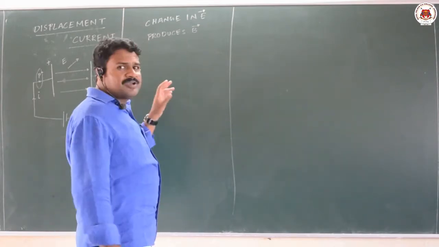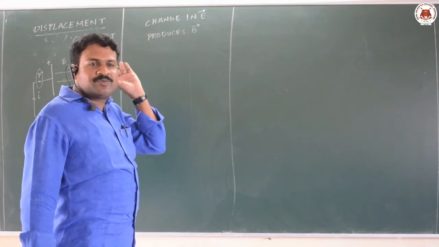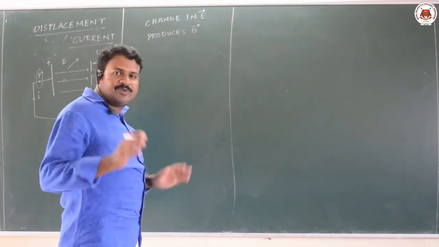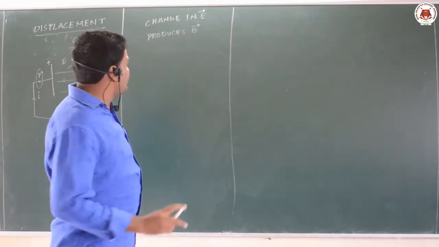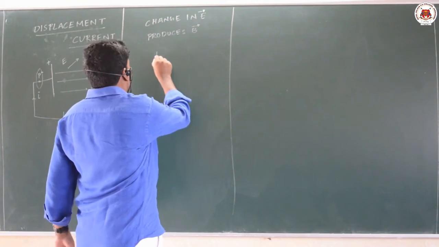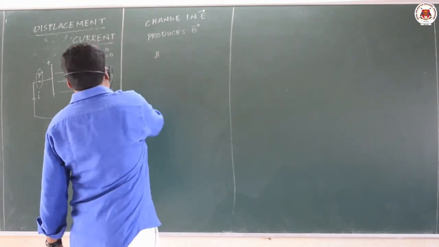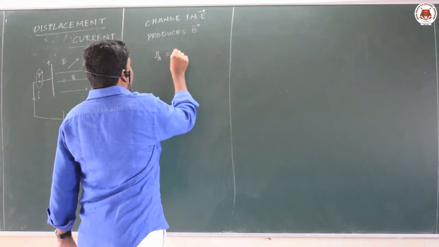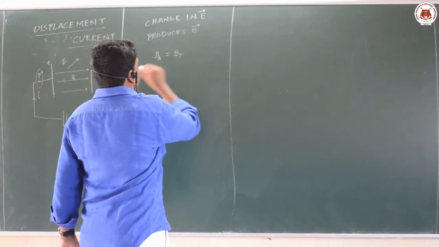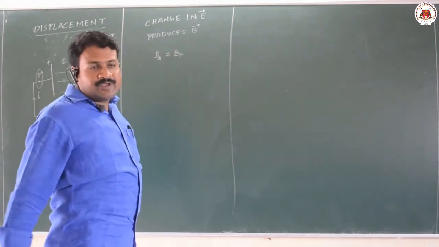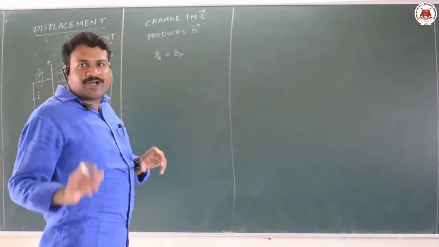They said that current only should produce a magnetic field. You are producing a magnetic field in between the plates of the capacitor, and that magnetic field having the same strength B inside, that is B at Q. B at Q is equal to B at P, because same deflection it is showing. Without having current, we can't get magnetic field.